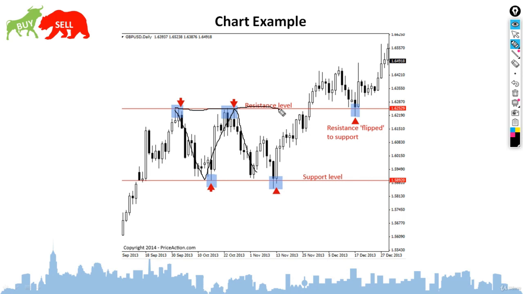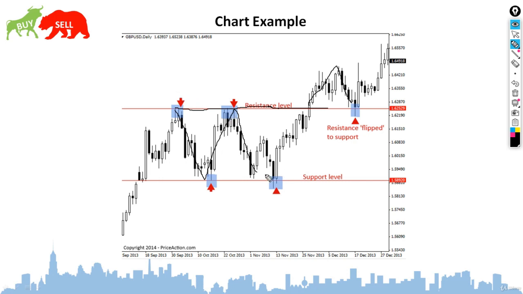The market breaks the last top here, and also it's a resistance, and the market turns and pulls back to test the resistance and also the last top of this double bottom.